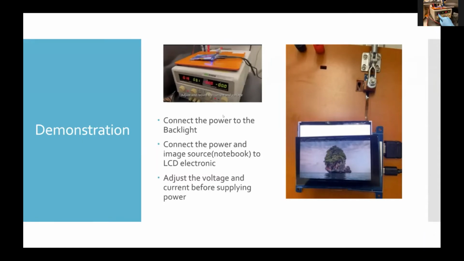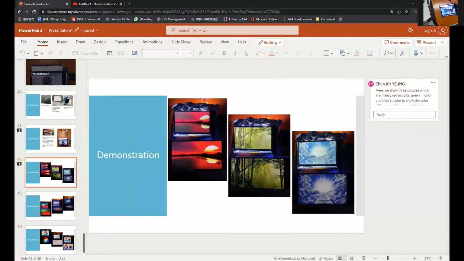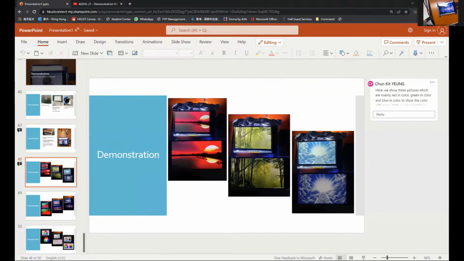We can adjust to some suitable value, and after we adjust it, you can see the image here. We will present some images to you. Actually, the main part of our project is to reduce the red and green QR materials, so we focus more on the red and green color quality now.